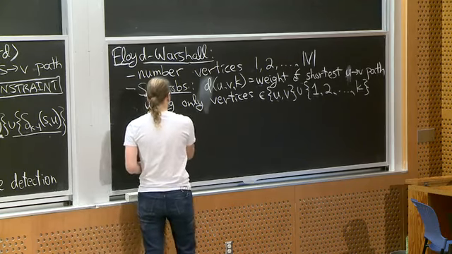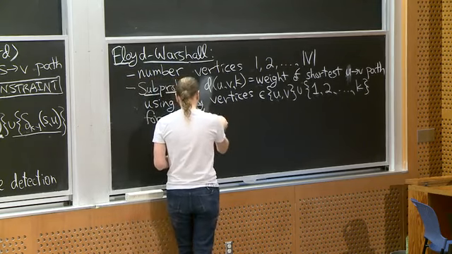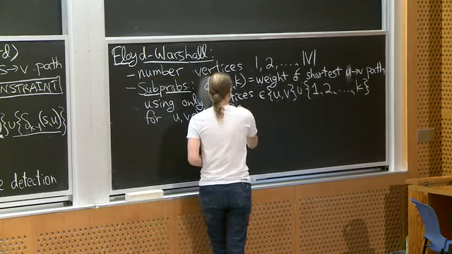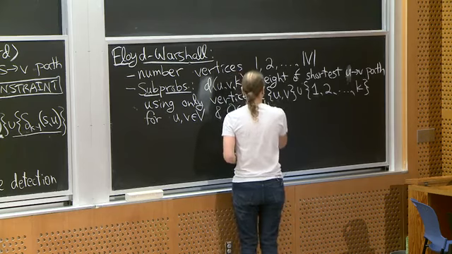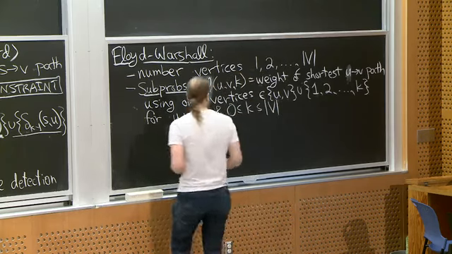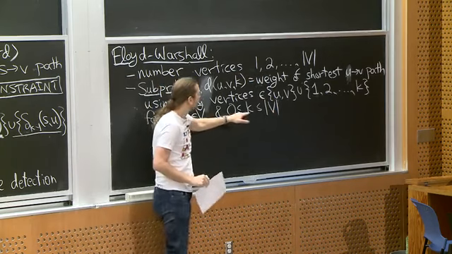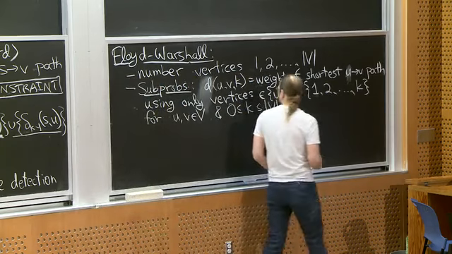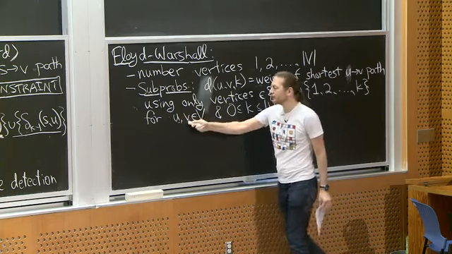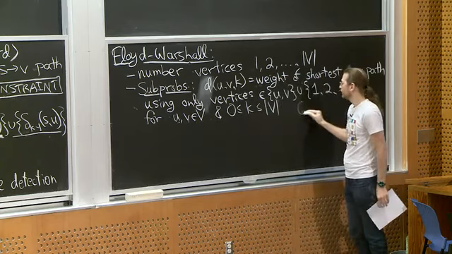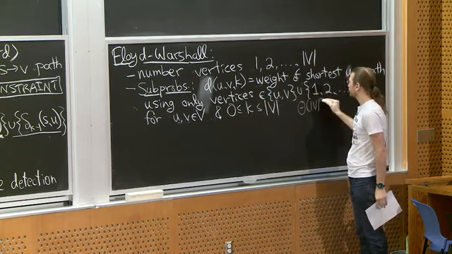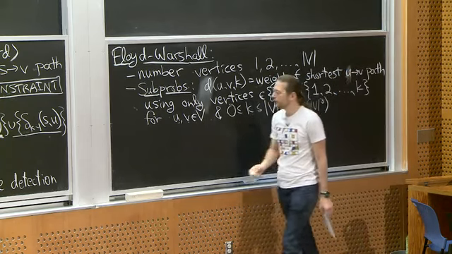So let me first tell you how many subproblems there are. Okay, this is v cubed subproblems. I have v choices for u, v choices for v, and v choices for k, roughly. There's v cubed of these.